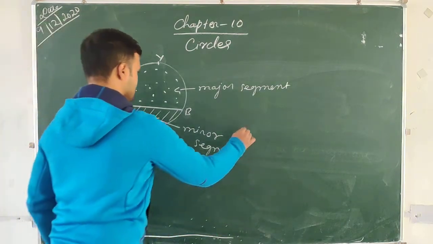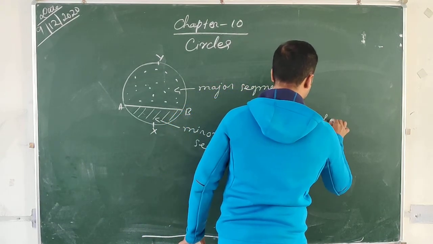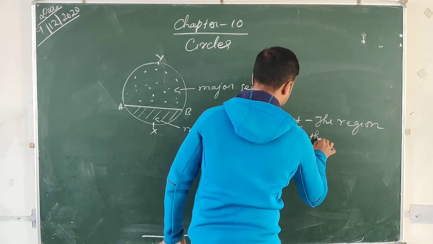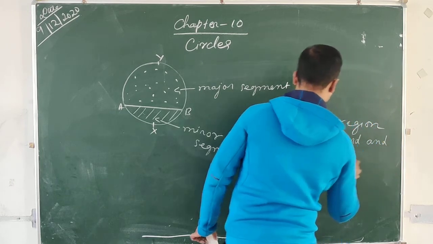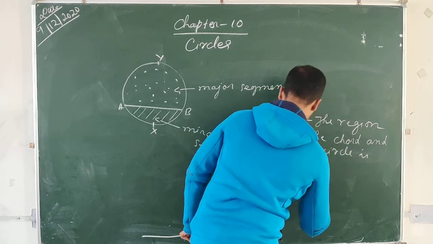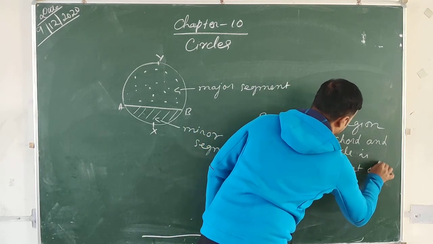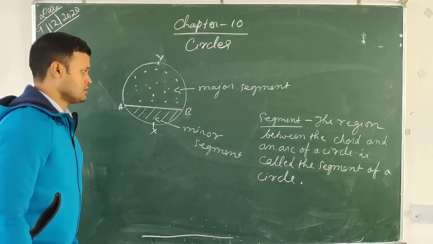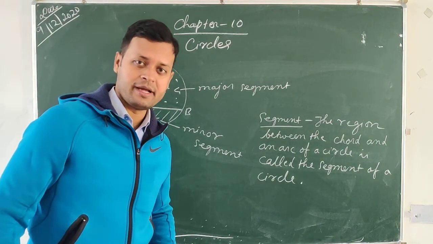Okay, so students, segment: the region between the chord and an arc of a circle is called the segment of a circle.